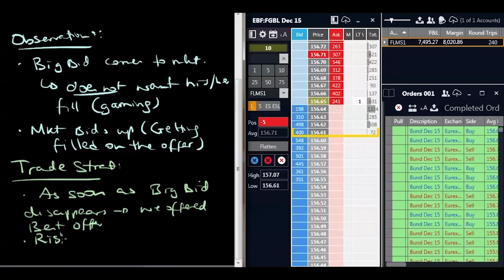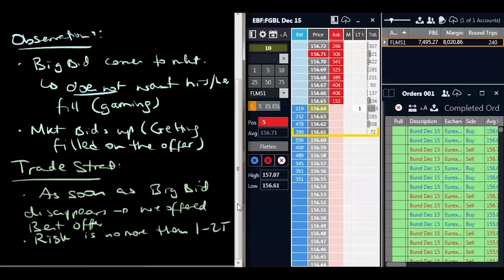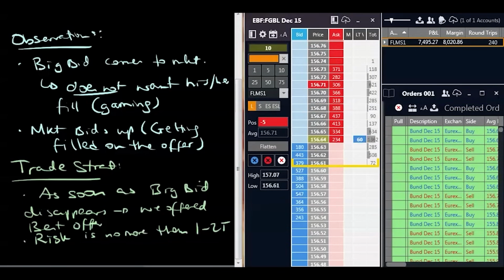Your risk is no more than 1 to 2 ticks. It's price action based. Obviously, if you see a big buyer step in, you want to be out pretty quickly. If it goes bid, for example, if it goes bid at the price here, now we're bid 72s, trading 73s, but there's no real buying action.